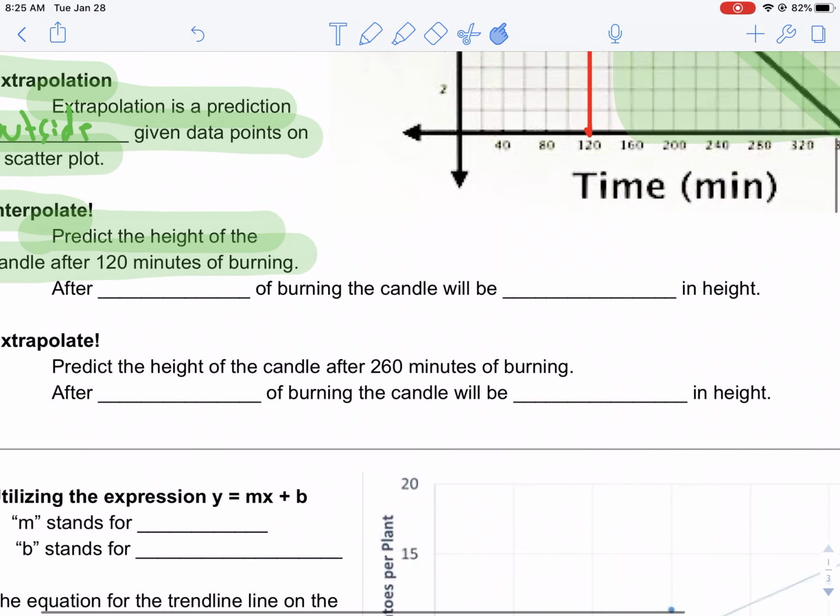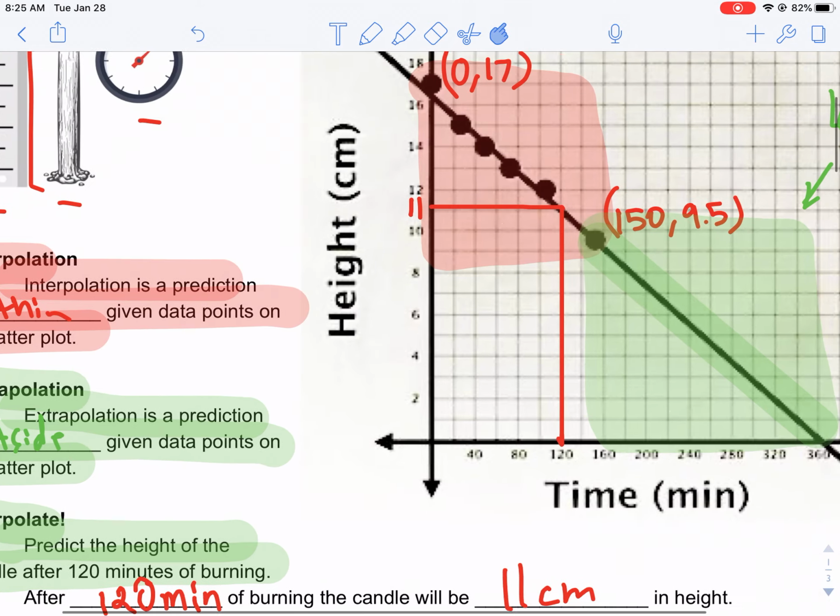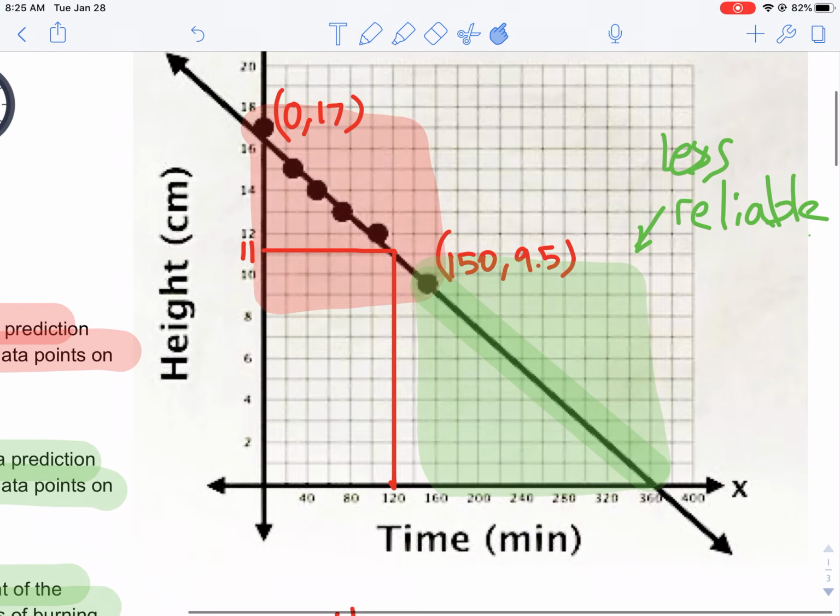So after 120 minutes of burning, the candle will be 11 centimeters in height. Remember to always use the trend line. Don't use your data points, but use the trend line itself. So up to the trend line and over.